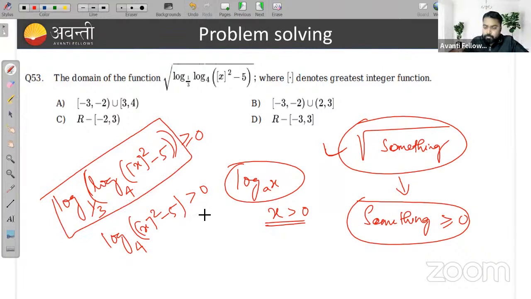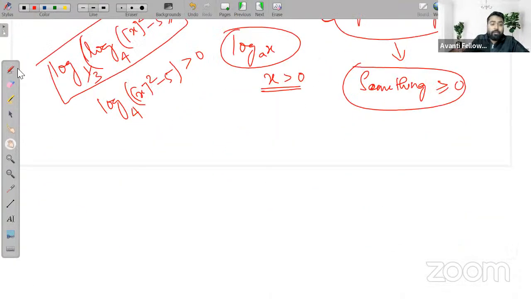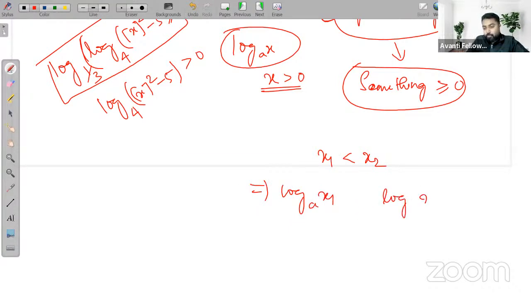Also from the logarithmic inequality we know that if x1 is less than x2, we take log of x1 to the base a and log of x2 to the base a. If a is greater than 1, the sign of the inequality will not be changed.